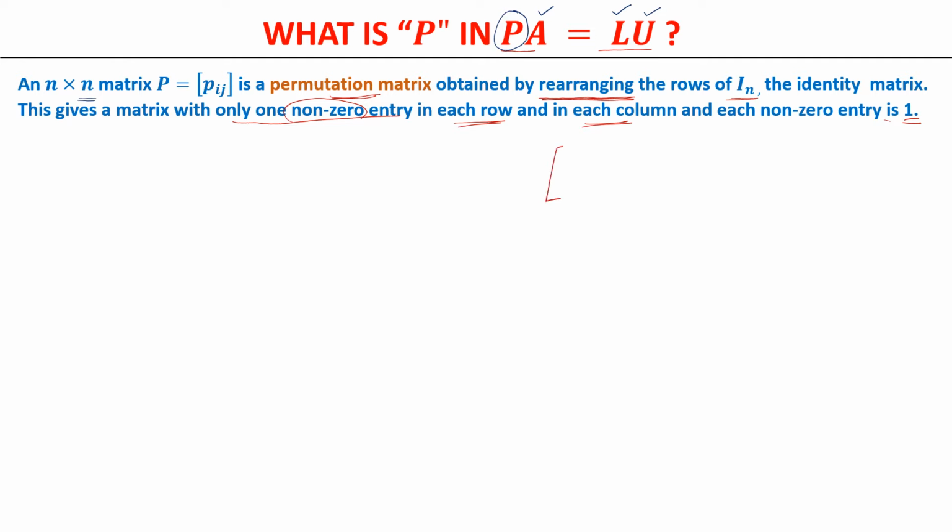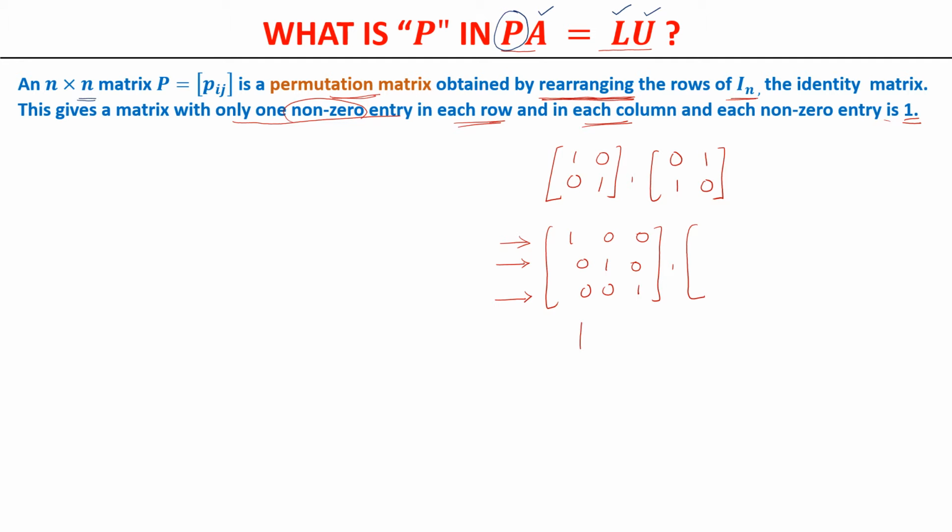So this is the speciality of a permutation matrix. If I take a 2 by 2 matrix, [1 0; 0 1] is one matrix that you could write, or you could write [0 1; 1 0]. So this is also one permutation matrix. If it is a 3 by 3, the general identity matrix is [1 0 0; 0 1 0; 0 0 1]. In every row you have only one non-zero entry, and in every column there is only one non-zero entry, and that non-zero entry is just 1.